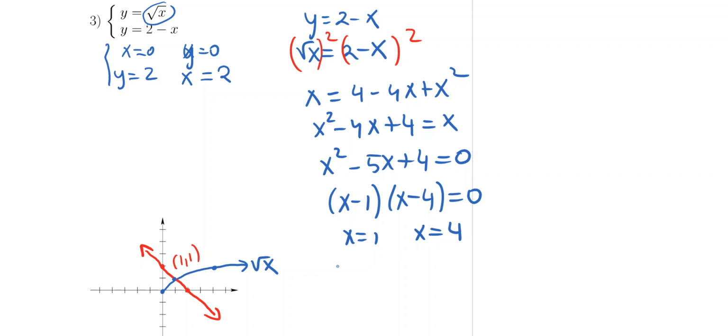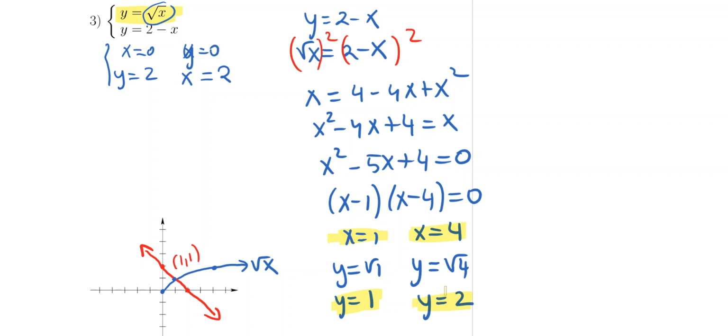When x equals 1, we know that y is square root of x, so y would be square root of 1, which gives you that y is 1. And when x equals 4, y would be square root of 4, which is 2. So our candidates are x equals 1, y equals 1, and x equals 4, y equals 2.